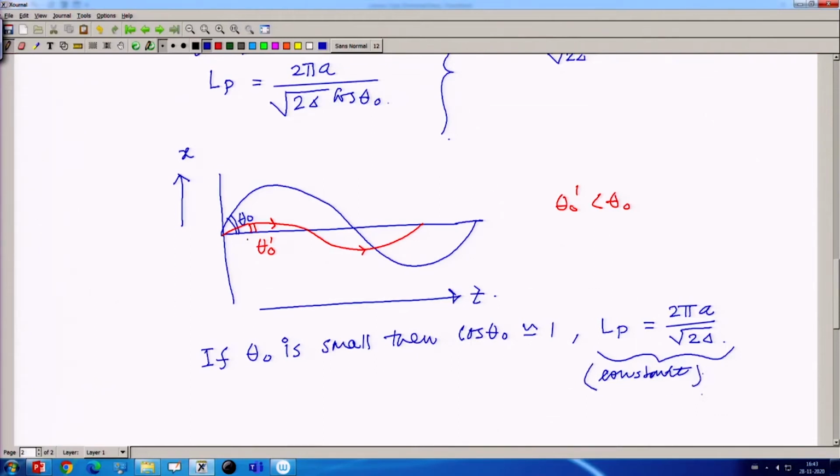So, we can have all the rays with the same period, but with the condition that theta has to be small. This is a specific condition under which we have this.